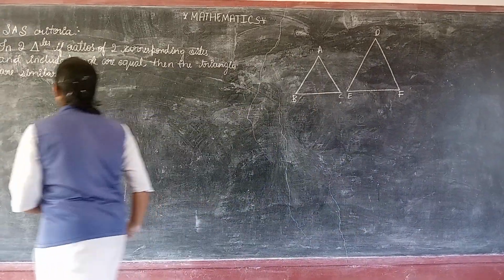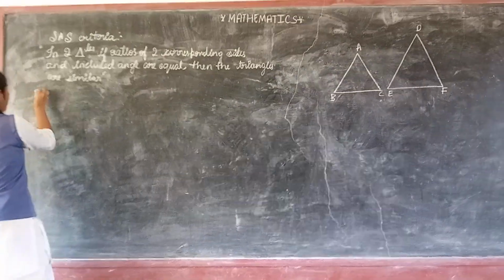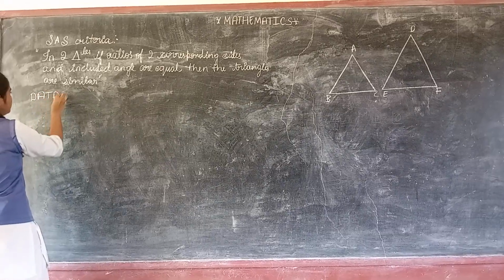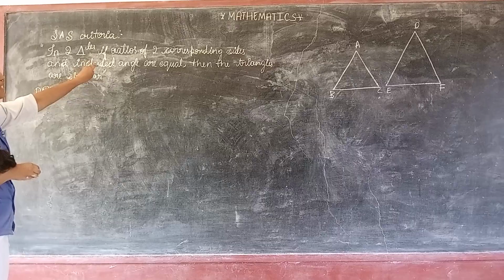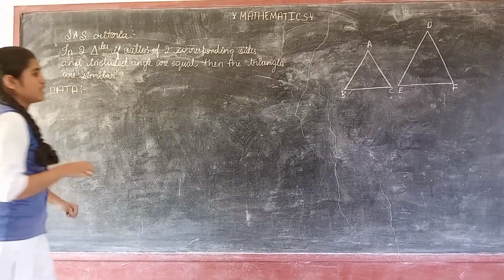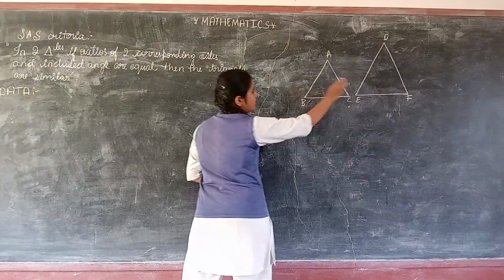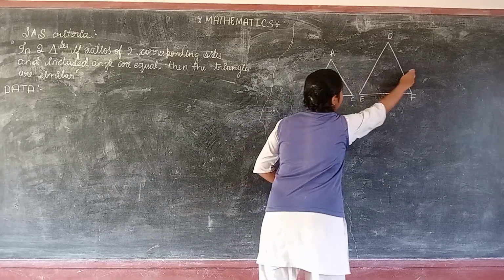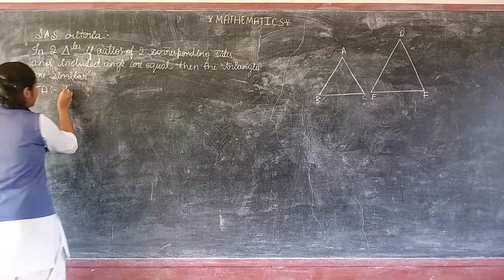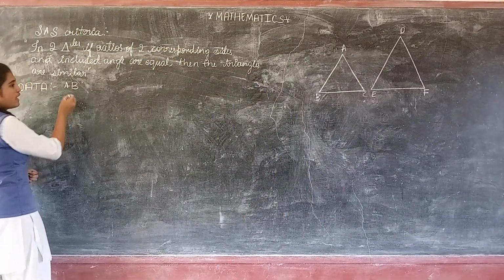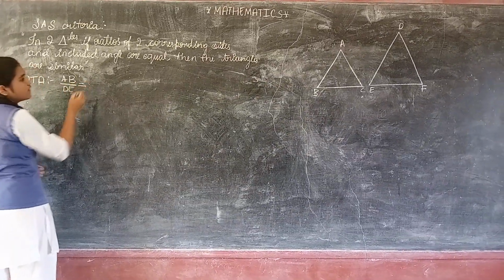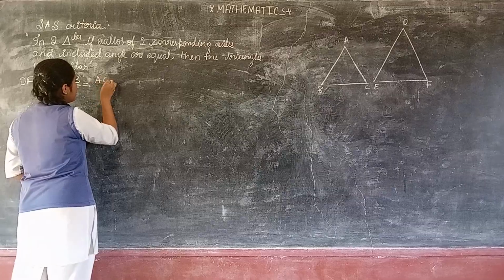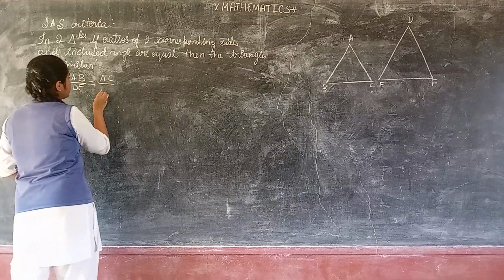This much. Now we will write the data. What is there in data? In two triangles, the ratios of two corresponding sides AB, DE, AC and DF: AB by DE will be equal to AC by DF.